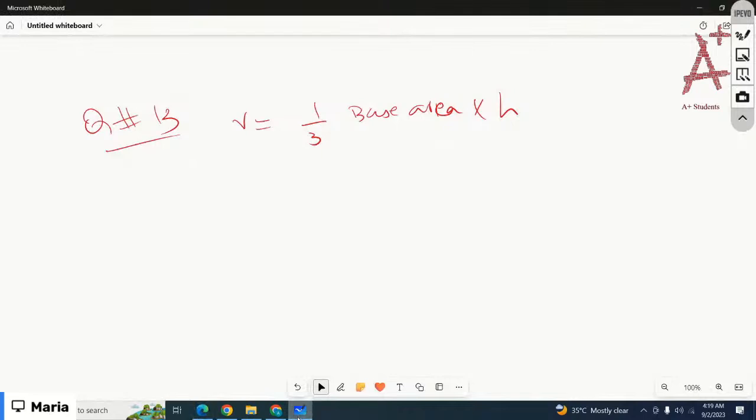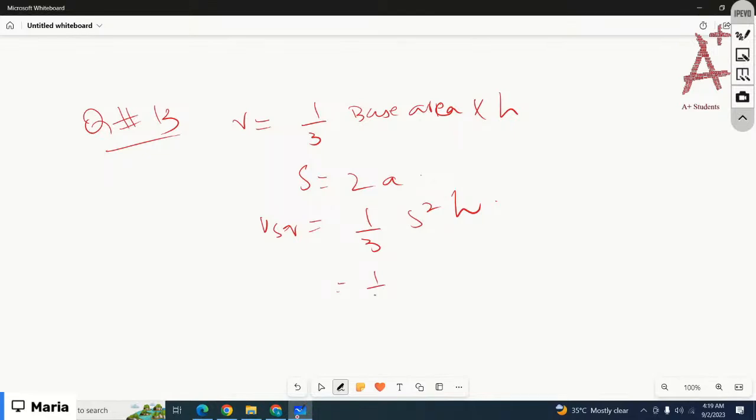So the base is in the shape of a square. It means the base area is the length of side squared, right? So the volume is 1 by 3 times S square times H, right?